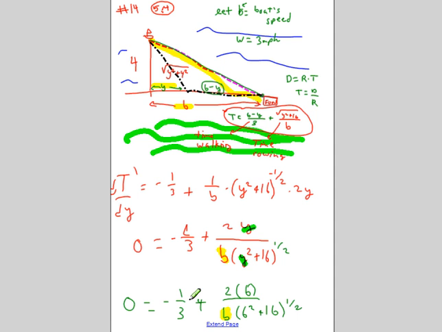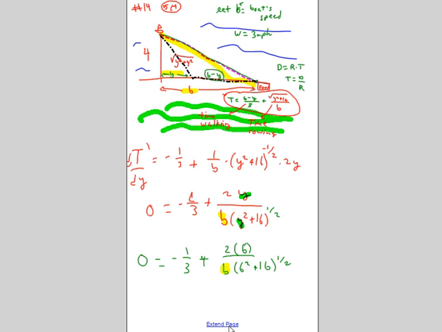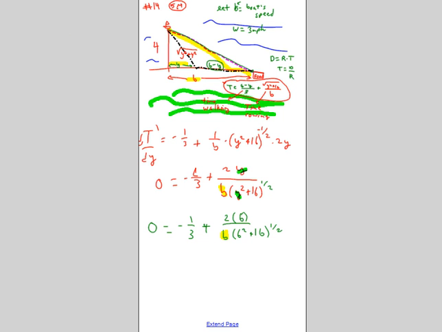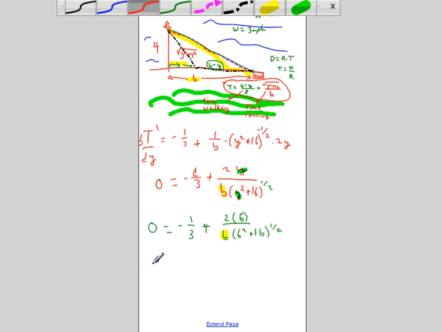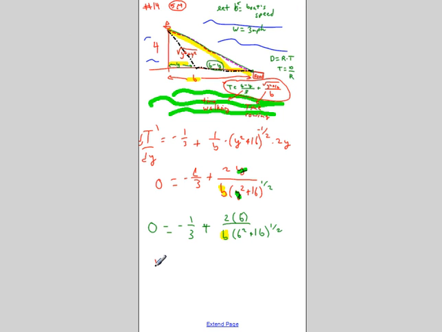All right, so now let's do the solving of this. Moving some things around, we get 1/3 equals 12 over b times, I think that's 52, yeah, 52 to the 1/2.